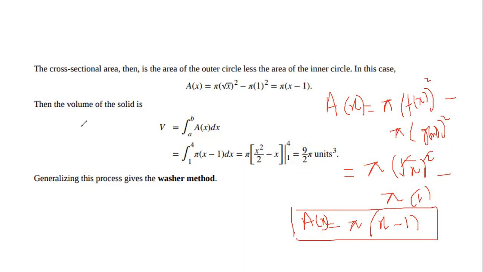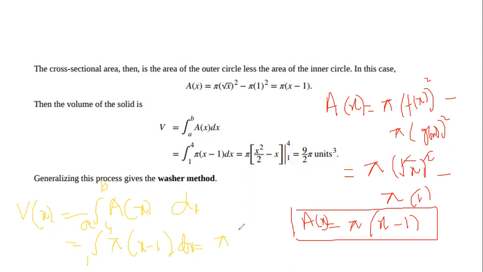Now after finding the area, I will find the volume. The volume equals the integral from lower limit a to upper limit b of the area, A of x. The upper limit is 4 and the lower limit is 1, so it is the integral of pi times x minus 1 dx.